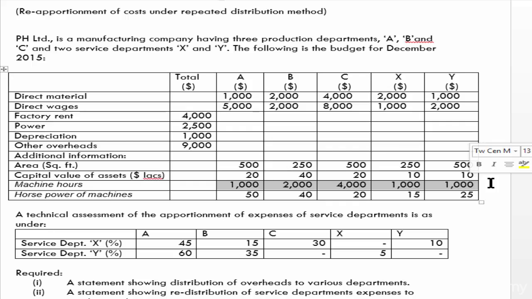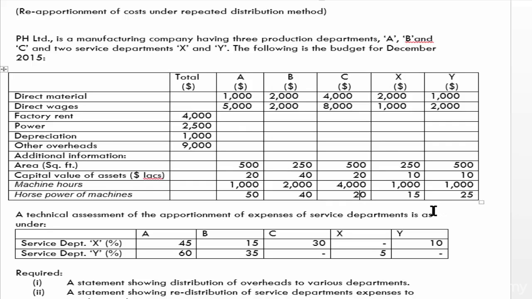You should not suddenly jump to a conclusion that the power cost can be apportioned merely on the basis of machine hours. No, because each machine may be running for certain hours, but the HP consumed by each machine will vary. The machine in department A consumes 50 units of horsepower, whereas department B consumes only 40 horsepower, department C only 20 horsepower, and departments X and Y only 15 and 25.